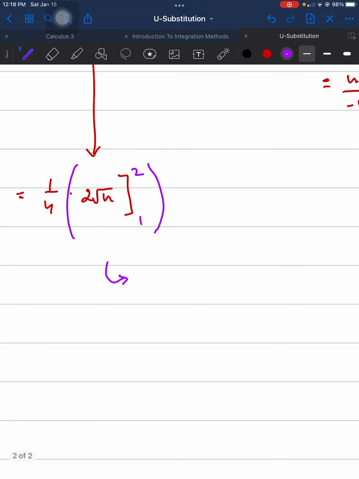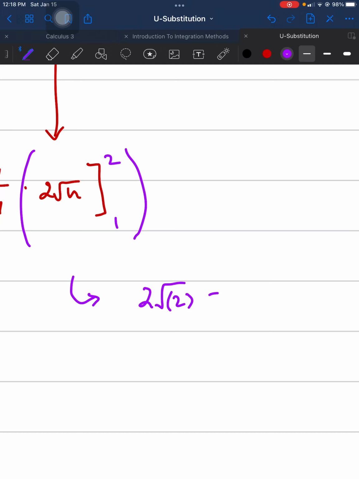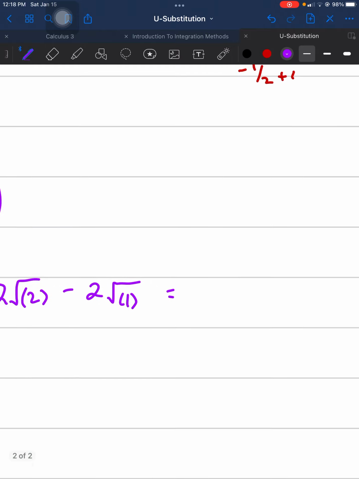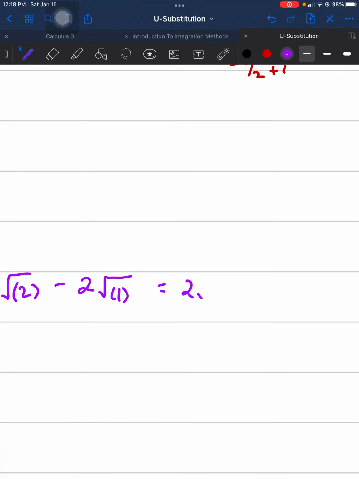So I'm going to pull this to the side. So let's evaluate that. So it's upper bound minus lower bound, right? So we're going to do 2 radical 2, right? We're plugging in 2 for u, minus 2 radical 1. So we're plugging in 1 for u. And our answer for this, so 2 radical 2 is just 2 radical 2.